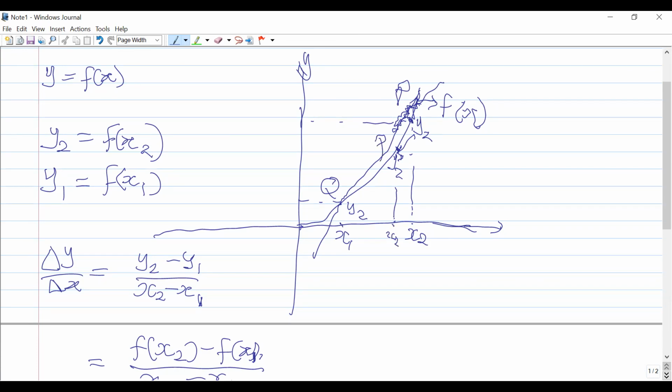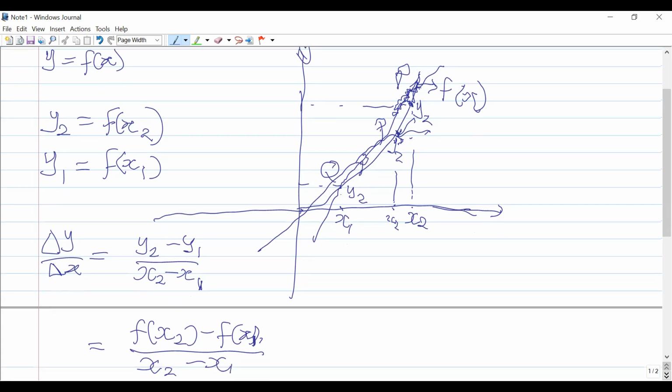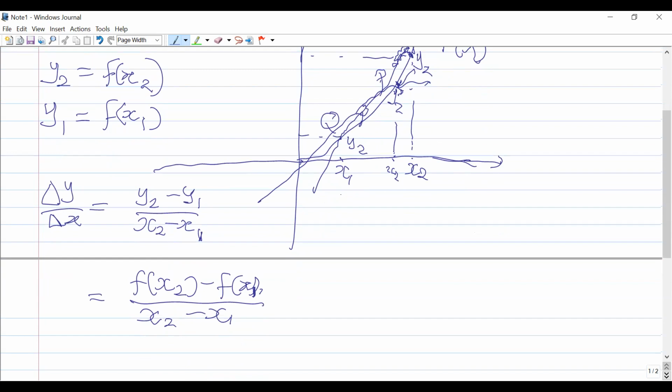And this point will be P. So it means that the P here will come closer and closer to our Q. Then we can come here and say that x2 minus x1 is equal to h, because the moment this point P comes closer and closer to Q, the change in x is h.